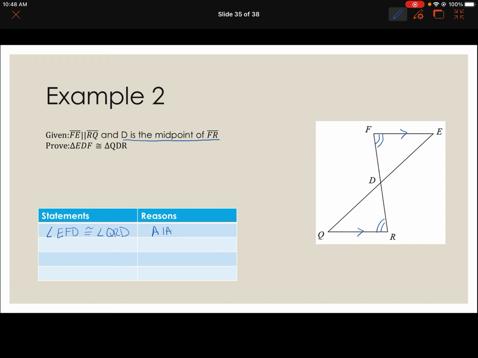And so D is the midpoint of FR, which means that FD is congruent to DR. So we're going to get segment FD is congruent to segment DR. And that reason is definition of midpoint.